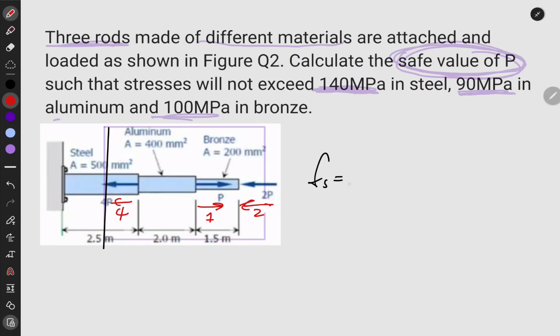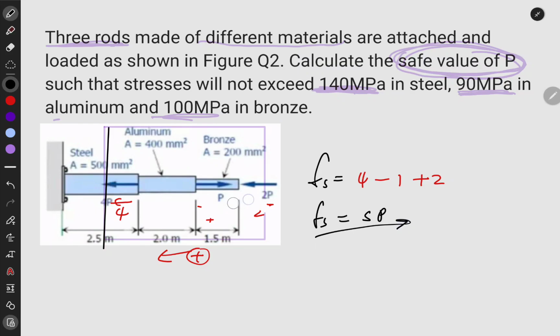So if I say this side is positive, this is going to be 4 minus 1 plus 2. So that's going to be my force that's experienced by the steel section. So here it's going to be 6, right? Is it? No, it's going to be 5. And these forces are in terms of P, right?